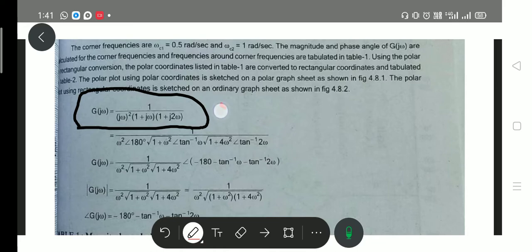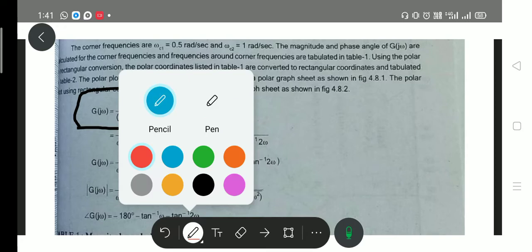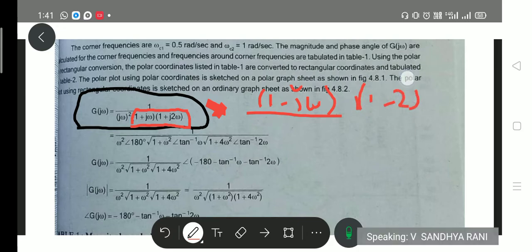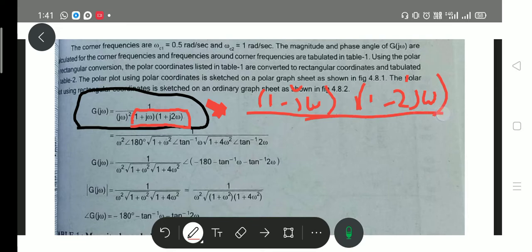Here I am multiplying and dividing with the opposite of 1 plus j omega and 1 plus j2 omega, that is 1 minus j omega into 1 minus 2 j omega.